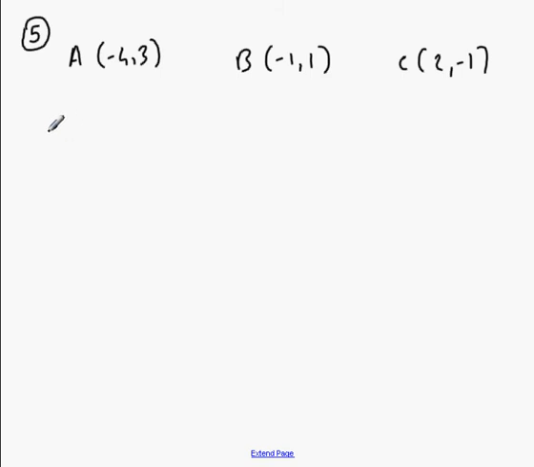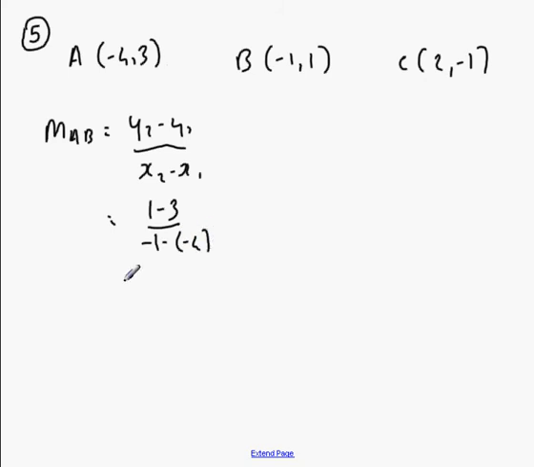So if we first of all find the gradient of AB and sub it into y2 minus y1 over x2 minus x1, that will give us 1 minus 3 over minus 1 subtract minus 4. That's minus 2 over minus 1 plus 4, and that is minus 2 over 3.